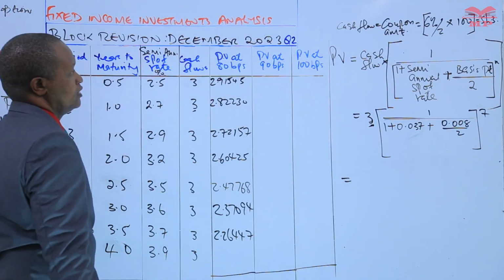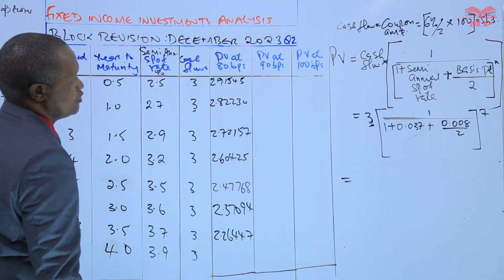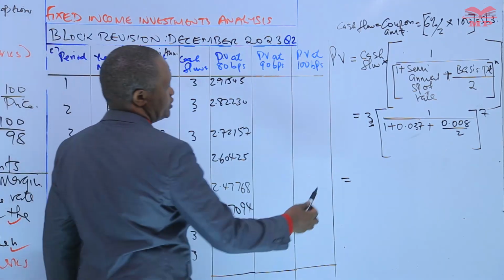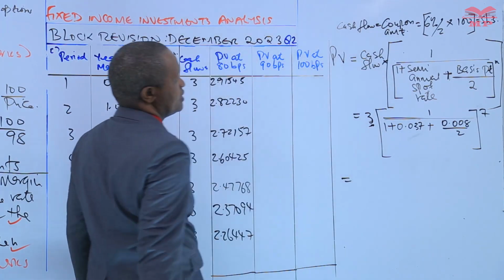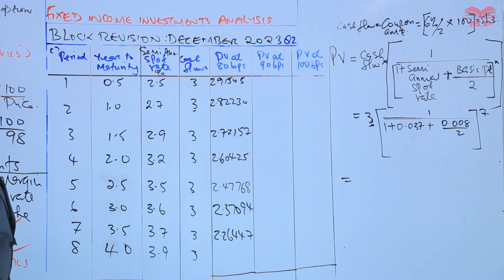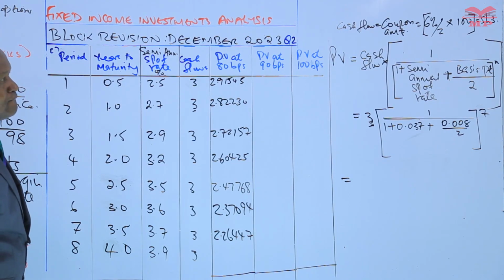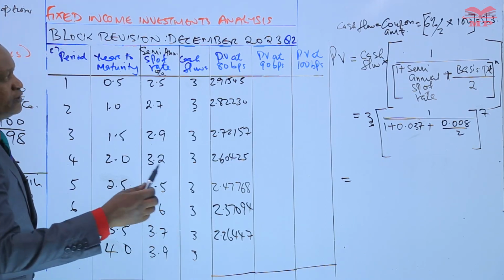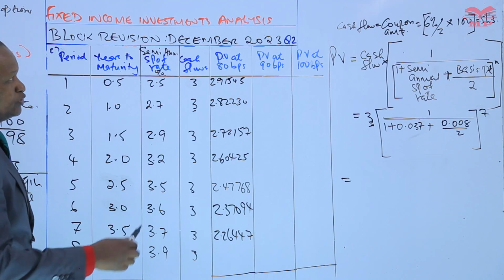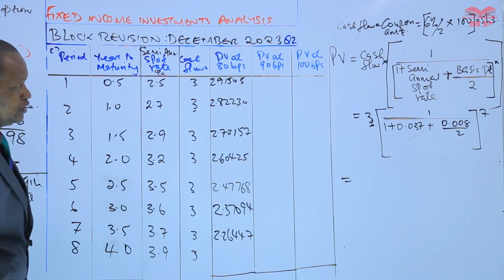Period 8, we are not only going to discount the cash flow, the coupon amount, but also the principal amount of 100.